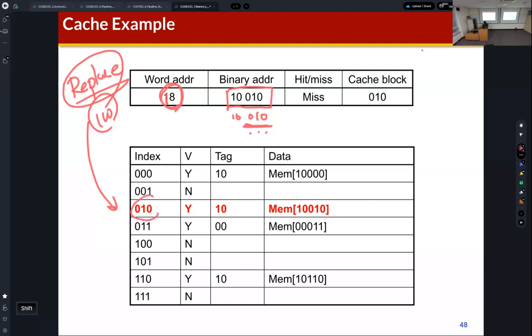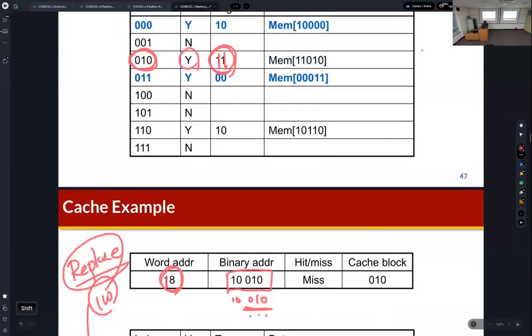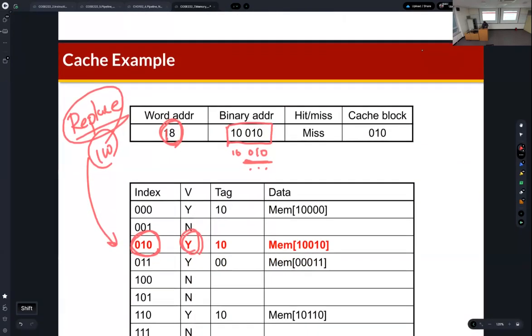The cache index 010 is here, and it's valid, right? But as you can see, 1101 is here, it's valid, but the tag is 11. And the tag of the request data is 10.